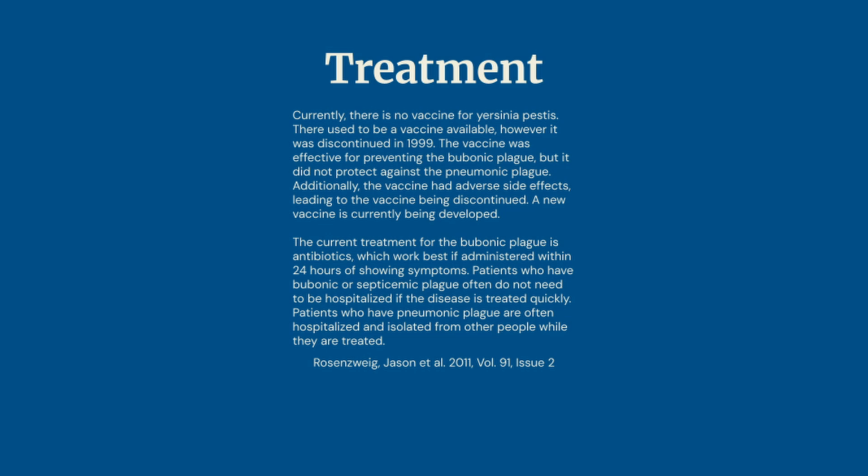Otherwise, the mortality rate will increase, as well as the chance of spreading the disease. So it's best to get treatment very early on. Same with septicemic plague. Generally, you don't have to be hospitalized if they are treated early. However, if you have the pneumonic plague, you are required to be isolated during the treatment process.